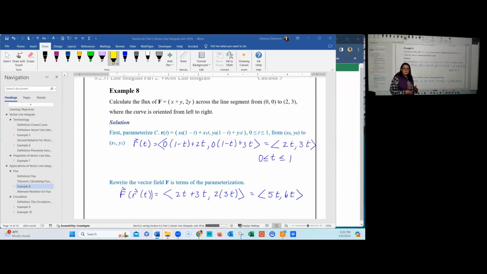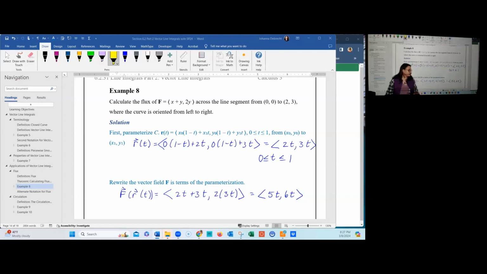To find the flux, we first need to parameterize the curve, which is the line segment from 0, 0 to 2, 3. I used the formula x naught times 1 minus t plus x1 t, comma, y naught times 1 minus t plus y1 t to parameterize the line segment. Since my initial point, x naught, y naught, is 0, 0, and my final point, x1, y1, is 2, 3, this gave me 2t, 3t for the parameterization for t between 0 and 1.